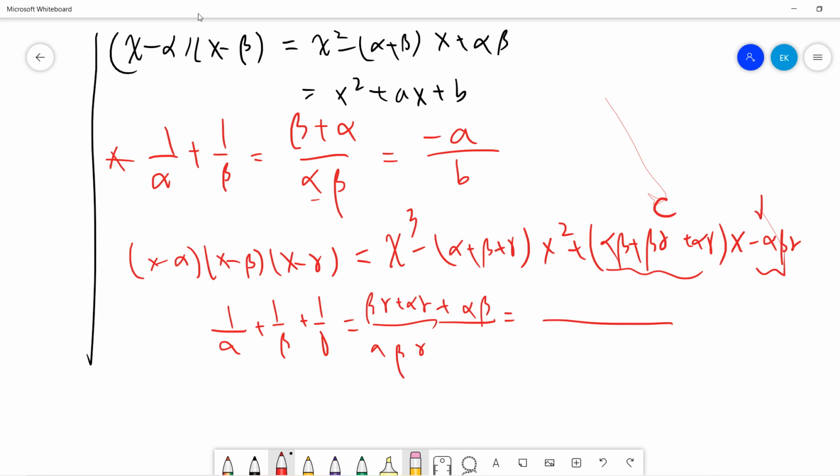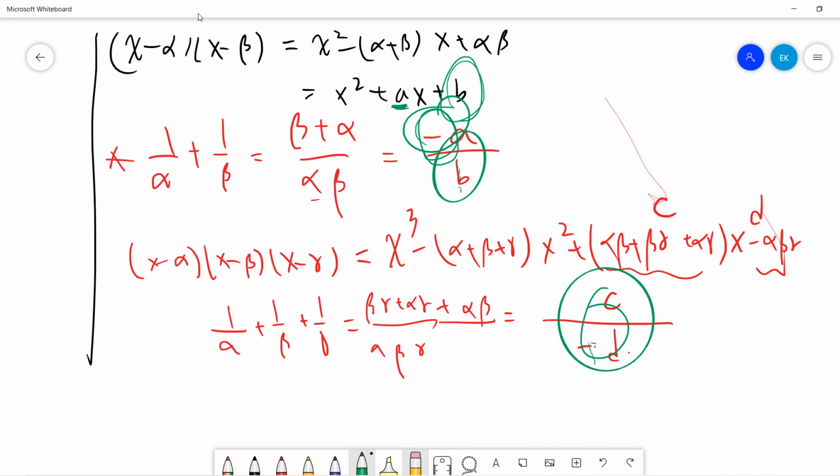Let's call the coefficients C and D, so the sum of inverses is C divided by D, with a negative sign. I guess you already see the pattern: the answer is always a negative sign with the second last coefficient divided by the final coefficient.